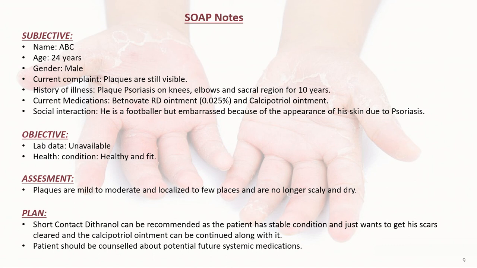Because he is already stable, his scars and the patches on the skin which can be seen can be cleared out, and the calcipotriol ointment can be continued along with it to help remove the scales on his skin. And the patient should also be counseled about potential future systemic medications, as the psoriasis can also become severe as he grows older.